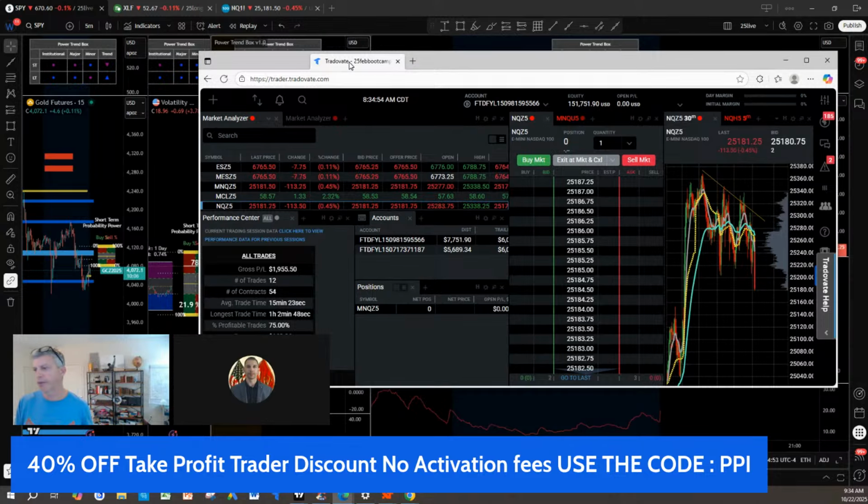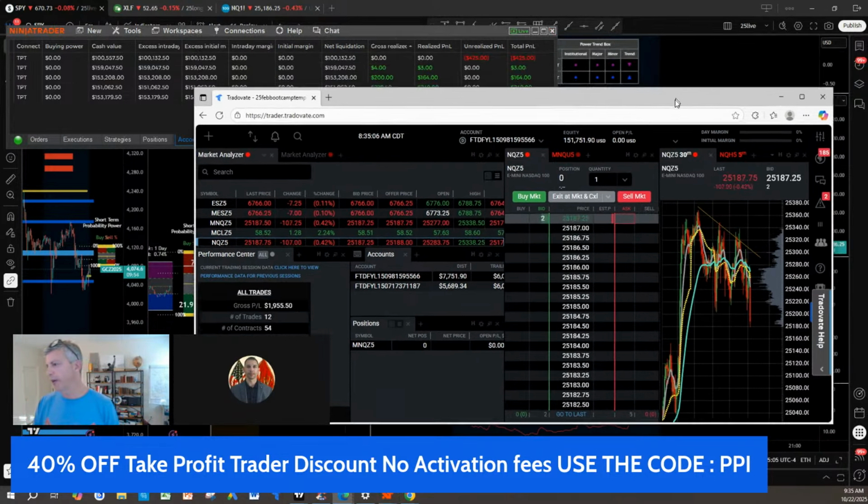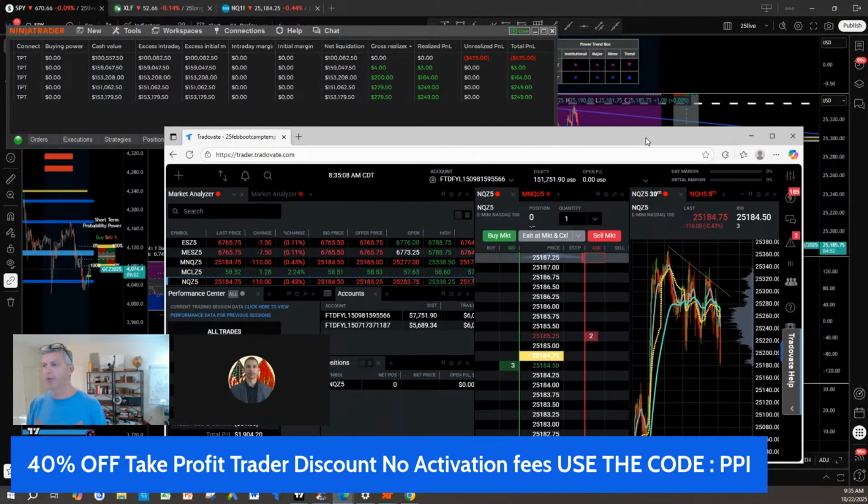They are both funded. 1955 on this one, and this one. And to be honest, I lost on all my accounts on Project X. So I have some funded accounts just to see the daily loss limit, because I have a daily loss limit here. Where is it?